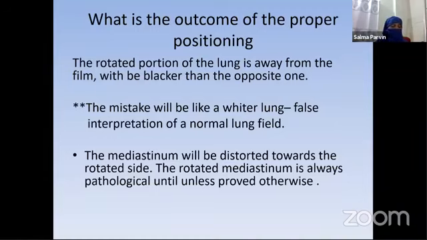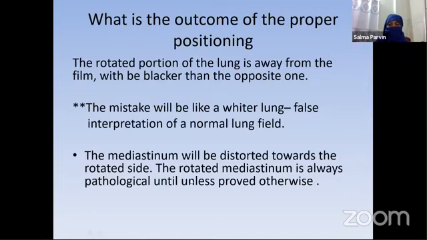It means even though the patient is normal, even though the film is taken with all optimum precaution, this rotation of the patient will produce a mistaken interpretation of the lung fields, that this whitish lung may be any consolidation we cannot explain. That will be a mistake first for the beginners who are not radiologists.